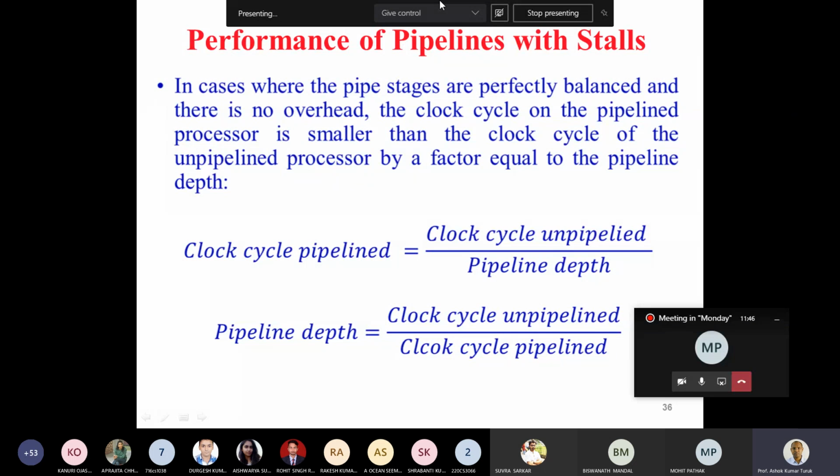We need to simplify some of the assumptions so that we can find an equation.